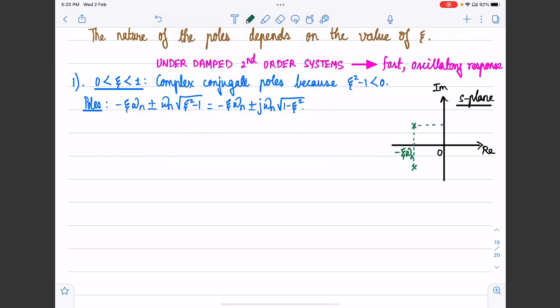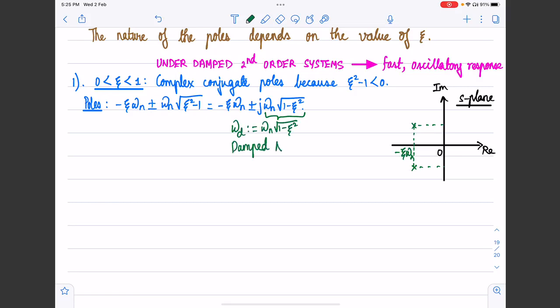The imaginary part is the following. This quantity, omega n times square root of 1 minus zeta squared, is defined as omega d, which is what is called the damped natural frequency. We will see why it's called the damped natural frequency later on, but this is the definition.